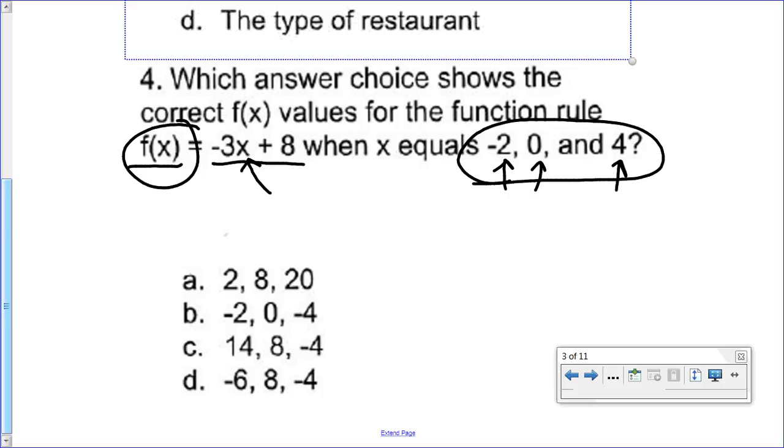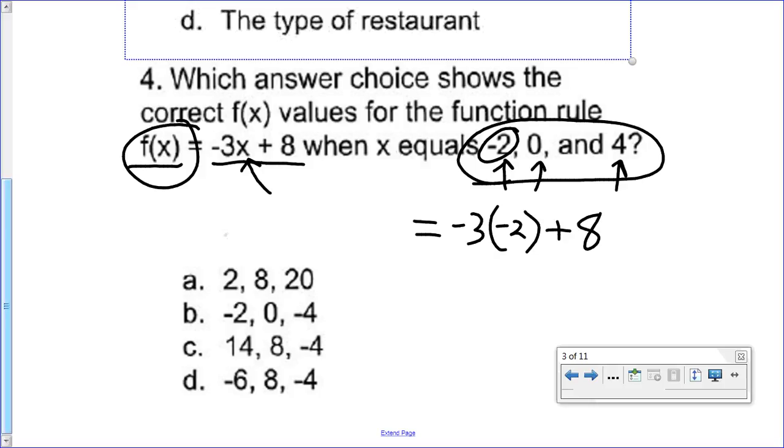So let's just try one. We'll just put equals because we won't write f of x right now. But we'll put -3, but instead of x, we will substitute in this -2. Okay? We substitute in the -2 plus 8. So that is this equation, but instead of x, we've just substituted in -2.